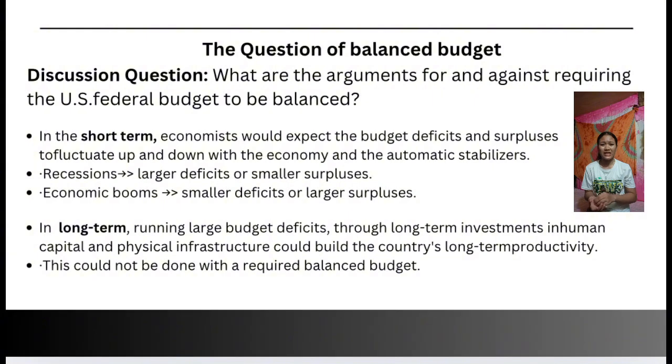Next is the question of a balanced budget. Discussion question: what are the arguments for and against requiring the US federal budget to be balanced? Arguments against requiring a balanced budget, especially in the short term: the economy naturally goes through ups and downs. In a recession, it is normal to run a deficit to support people and the economy.